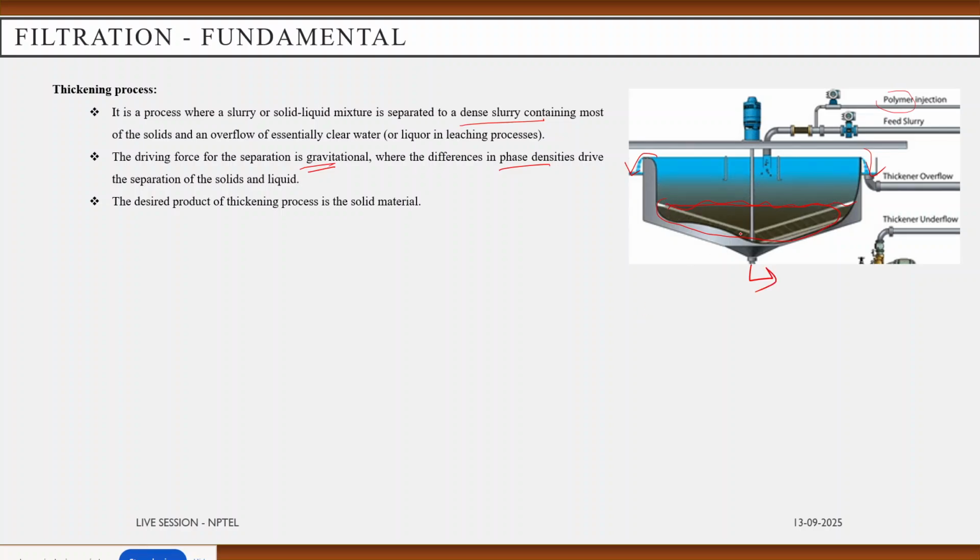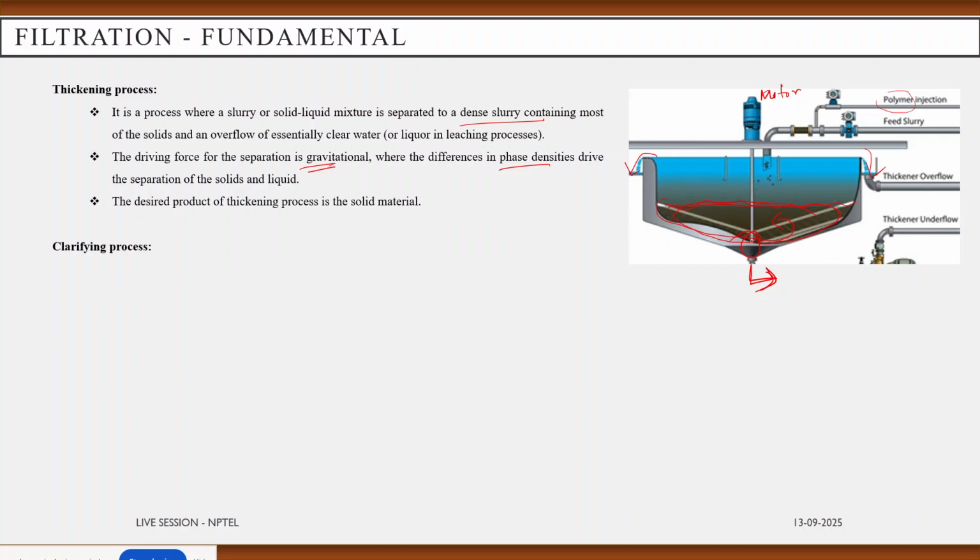This rack is rotating, driven by a motor, and it will scrape the solid particles and concentrate all the material at the center of the conical shaft, and it will be collected from the bottom.